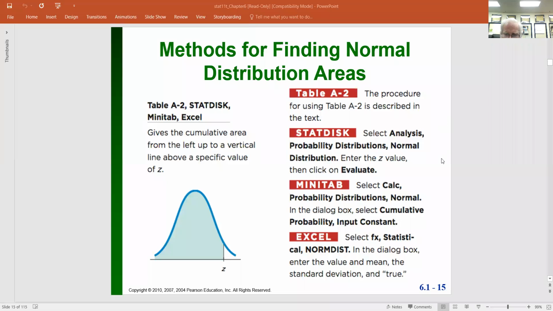Okay. We know that the standard deviation is 15.